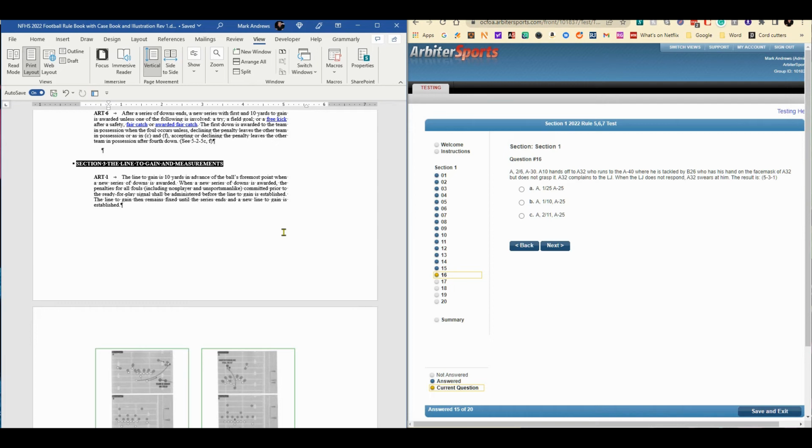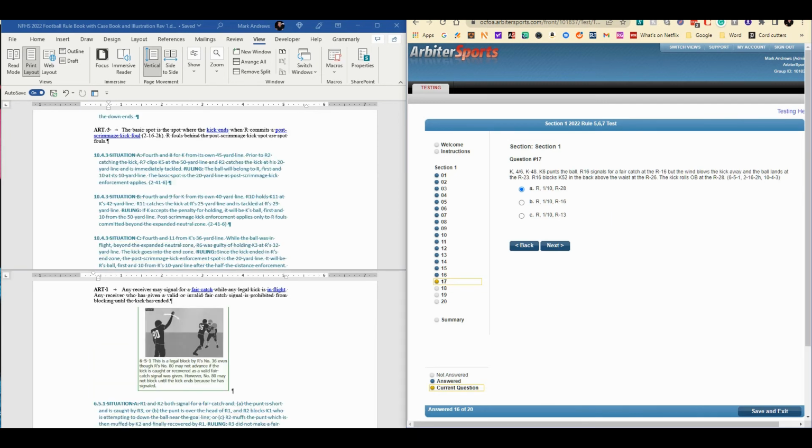We're basically moving into a new play, and then A commits an unsportsmanlike act. Then we're going to have first and 25. But that's not the case here. So we're simply going to march the 15-yard penalty off from the 40. That'll make it the A25. So it'll be A first and 10 at the A25. The answer is B.